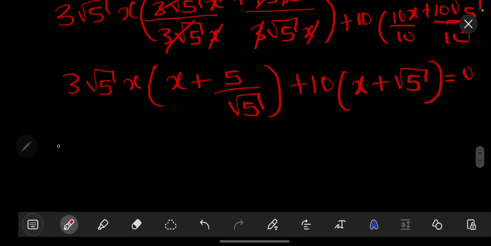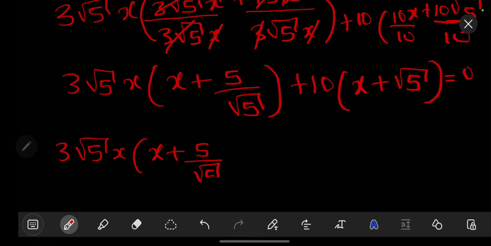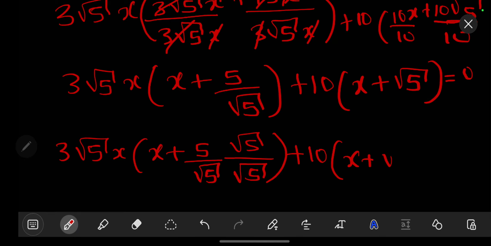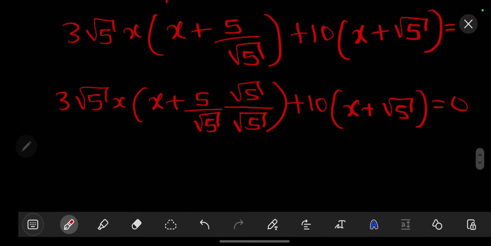After doing that, we are going to have our 3 square root of 5. Then we have our x. Then we have x plus the 5 over the square root of 5. To make it similar, conjugate. So we have the square root of 5, square root of 5 plus 10, x plus the square root of 5 like that should be equal to 0 like that.